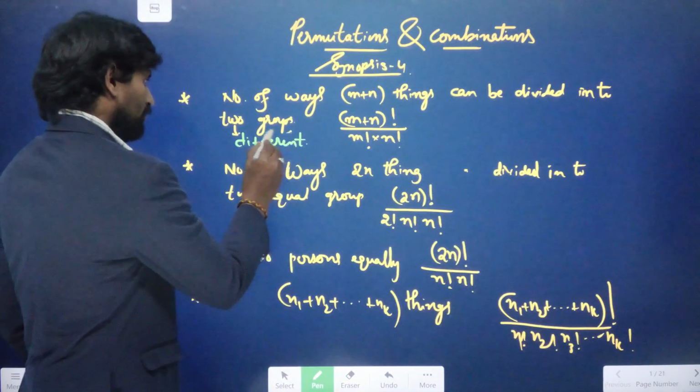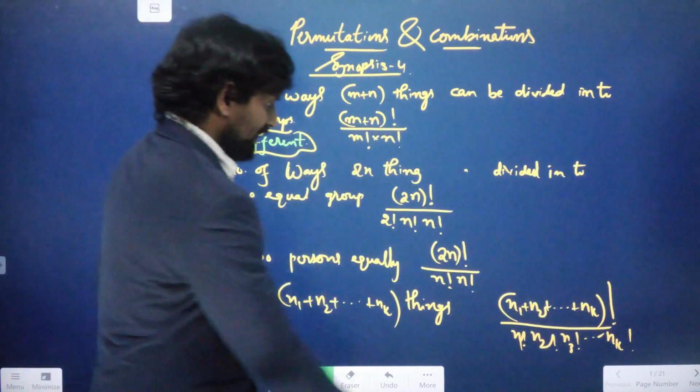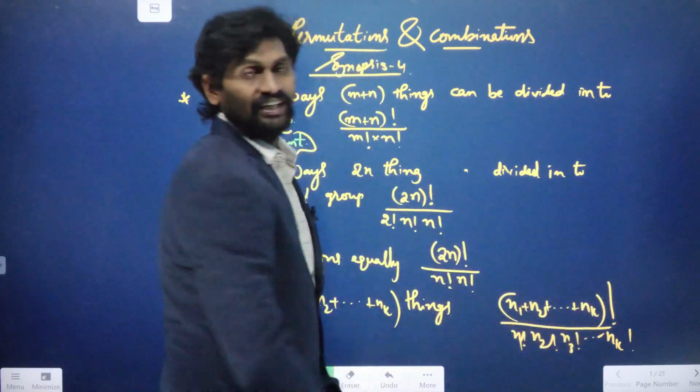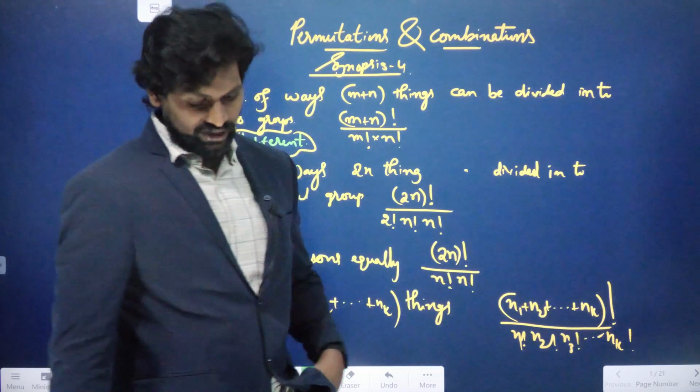Whenever we are taking two different groups, it is m factorial into n factorial; same way for n1, n2, n3 up to nk there are k terms, so k different factorials we are dividing by.